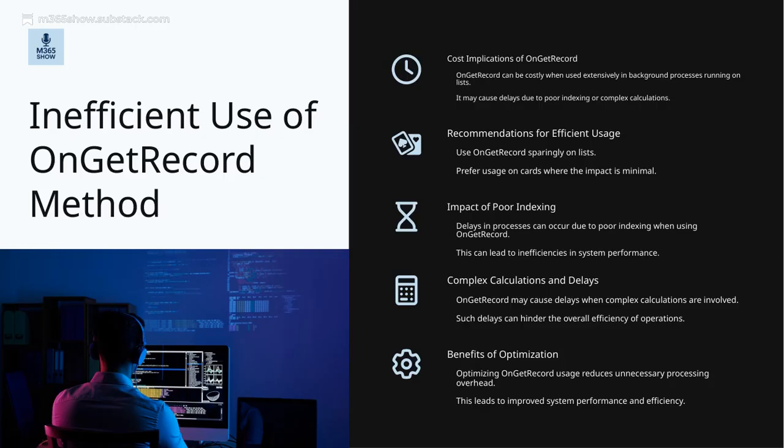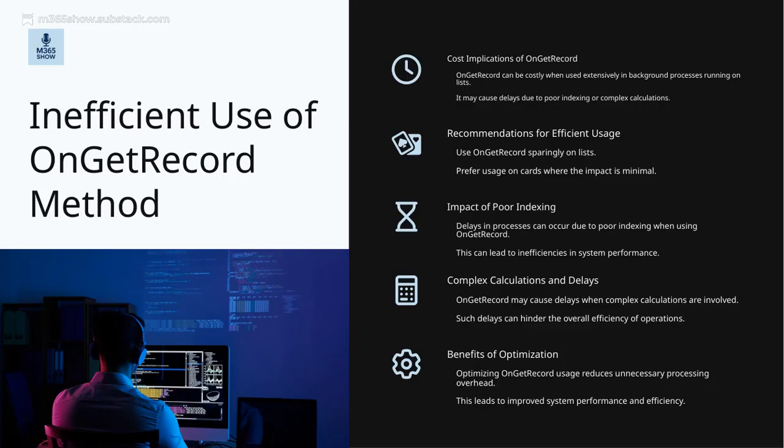So, what are some best practices? First, use it sparingly on list pages. It's more efficient to reserve its use for card pages where the impact is minimal. Overusing it on lists can create unnecessary load. And let's not forget about the cost implications. Extensive use of OnGetRecord, especially in background processes running on lists, can be costly.